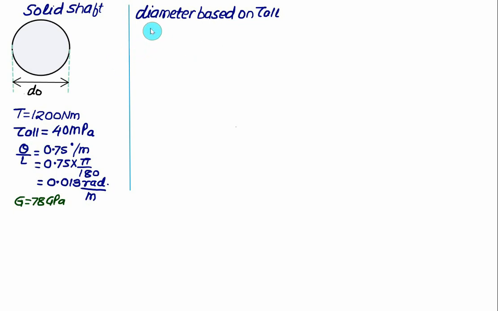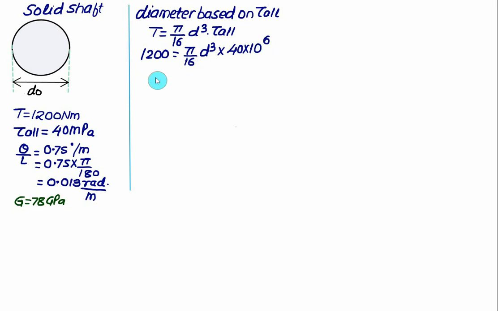For the solid shaft, the torque is equal to pi divided by 16 into d cube multiplied by the allowable shear stress. This time I am going to use the data in SI units only. So we have torque equal to 1200 equal to pi by 16 d cube, and the shear stress we use in Pascal, that is 40 into 10 to the power 6.